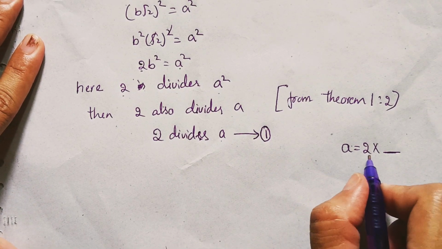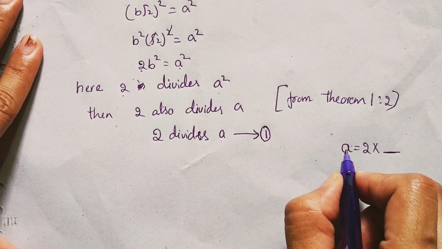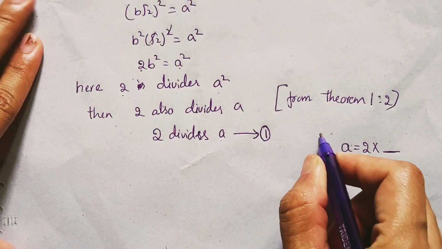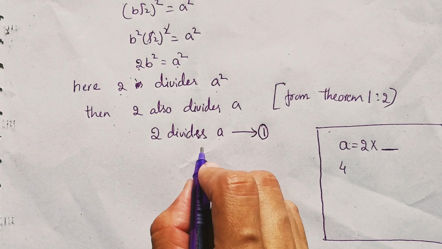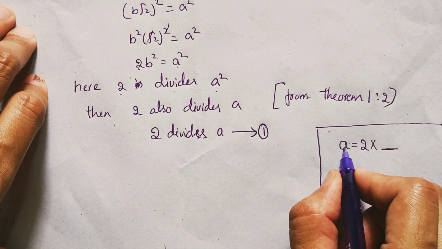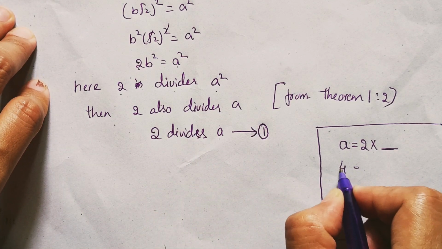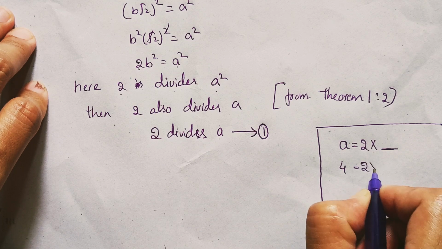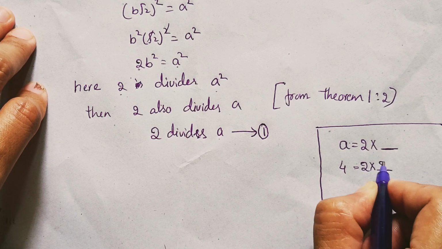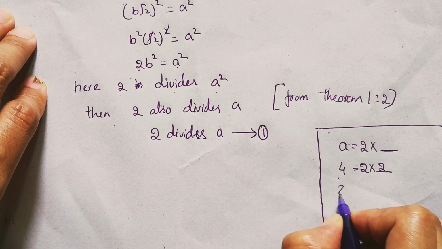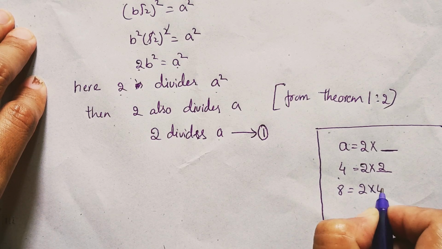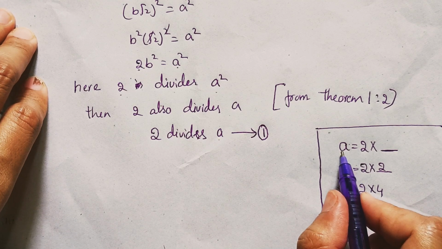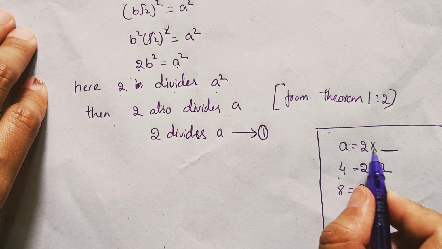In the place of a, I am taking 4, just as a rough part, to explain how the next step comes. The multiples of 4: 2 into something, where the something is 2, since 2 twos are 4. If I take 8, the factors of 8 are 2 into 4. Understood? It means a is equal to 2 into something.